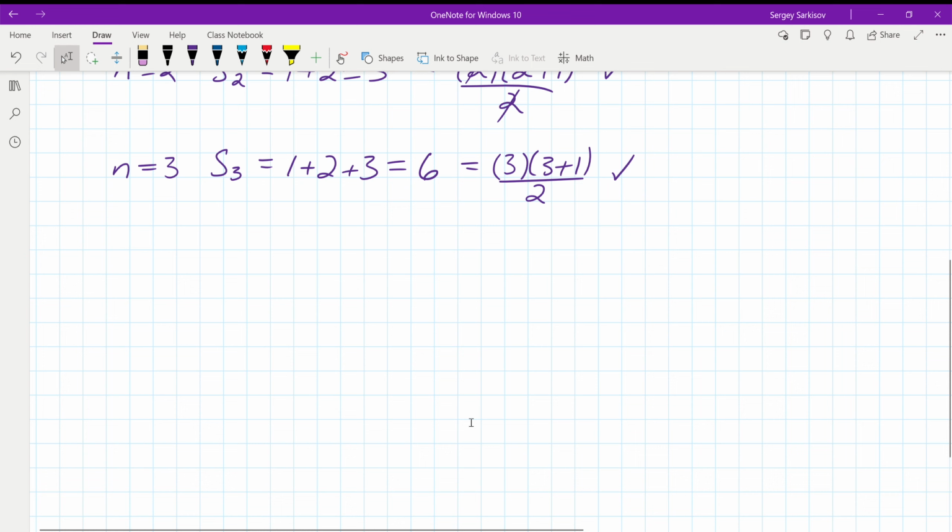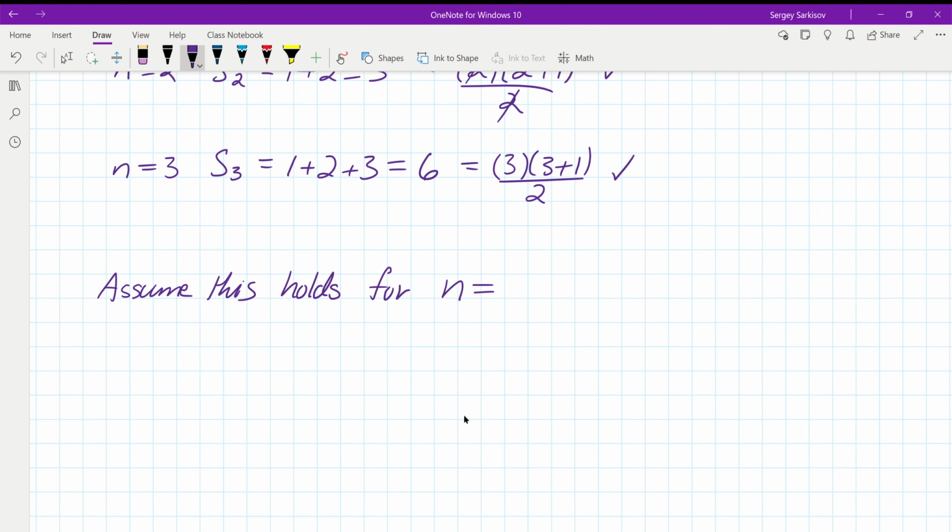Okay, so the question is now, what do we do to prove it for all numbers n, 1, 2, 3, and so on? The induction, basically what we do is we assume this holds for n equals k, and we prove that if the formula holds for n equals k, then it holds for n equals k plus 1.